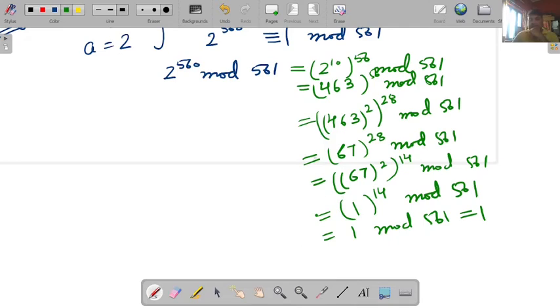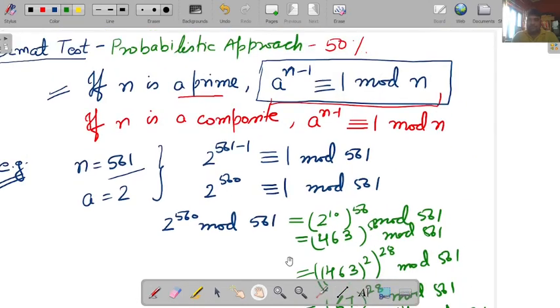So it shows that if a number is prime, then this is satisfied, and here we proved that this is equal to 1.